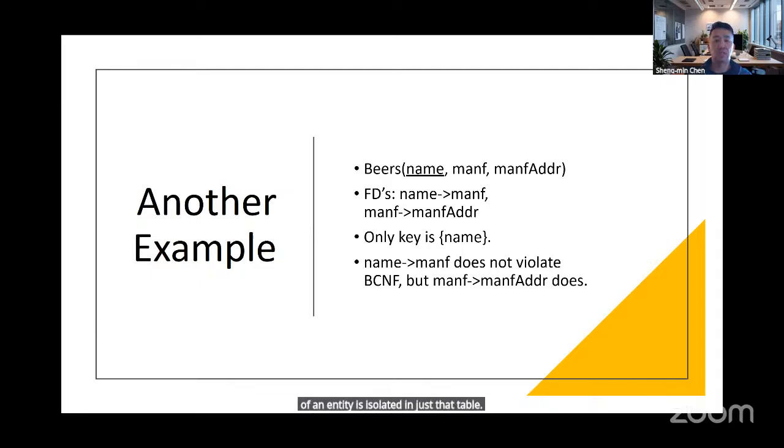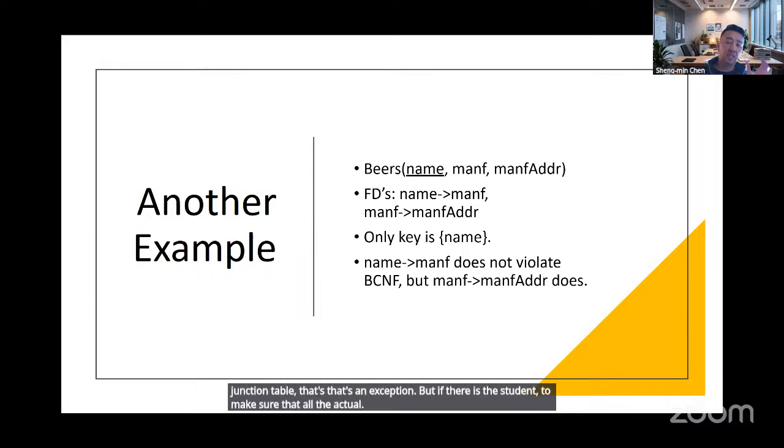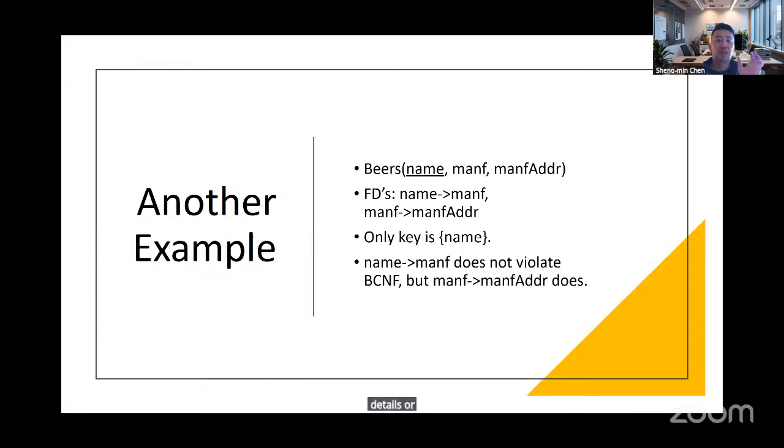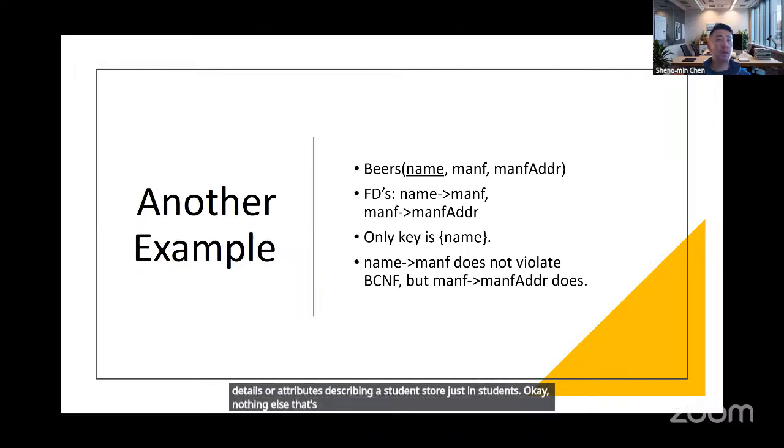Otherwise, the transitive or junction tables are an exception. But if there is a student, make sure that all the actual details or attributes describing a student are stored just in students, okay? Nothing else mixing in enrollment, registration, course name, and whatever.